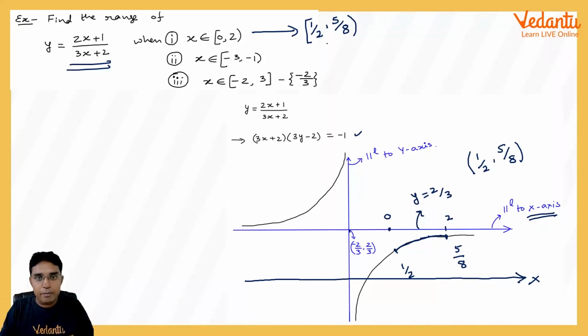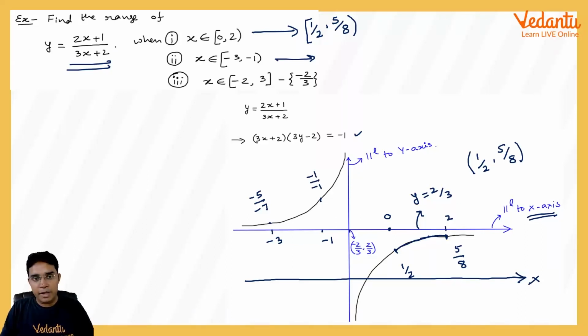Now coming to the second part, everybody listen carefully. Here I have taken these values which are lying on the left part, minus 3 to minus 1. So minus 1 will be lying somewhere here and minus 3 will be lying somewhere here. Now if you put minus 3 in this, at minus 3 the value will be 1 minus 6, so minus 5, and here it will be 2 minus 9, so minus 7, minus 9 plus 2, so it is 5 by 7 here, and for minus 1 if you put, it will be minus 1 here and minus 1 in the denominator also, you can check.